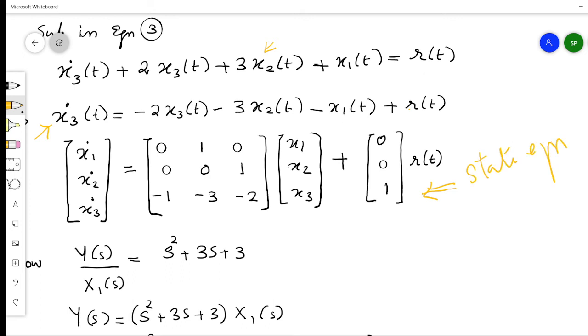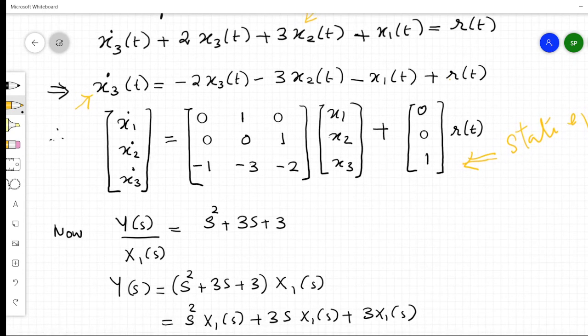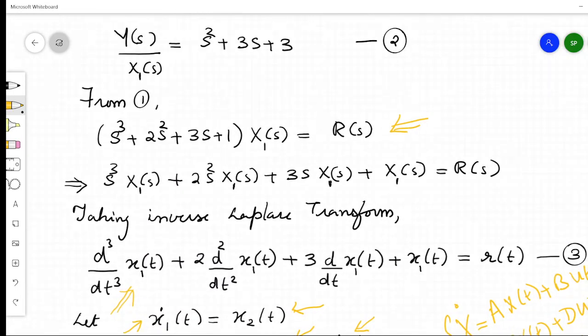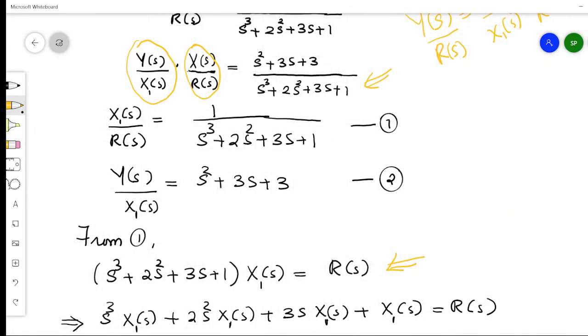Okay, so for finding the state variable model, we need one more equation, that is the output equation. So how will you find the output equation? In the previous step, we have seen that we have converted this into two ratios. Now we have taken this equation for finding the state equation model. Now for the output equation, y is the output variable we know, so we have to take this ratio.